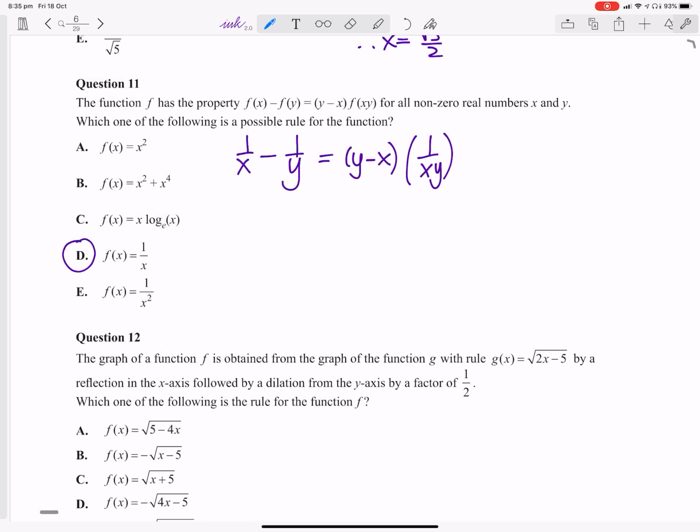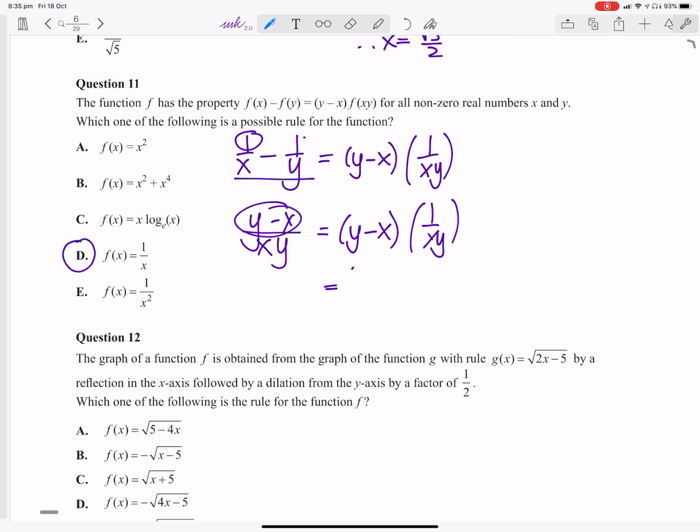That would be because if we got this over a common denominator of xy, on top that would become y, on top that would become x, which is y minus x, that, times 1 on xy, which is y minus x times f of xy.